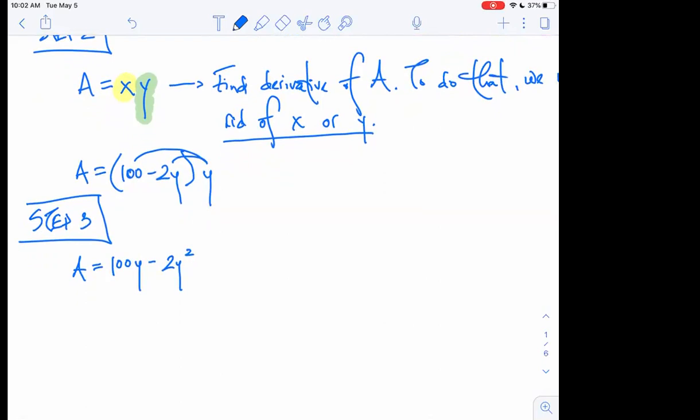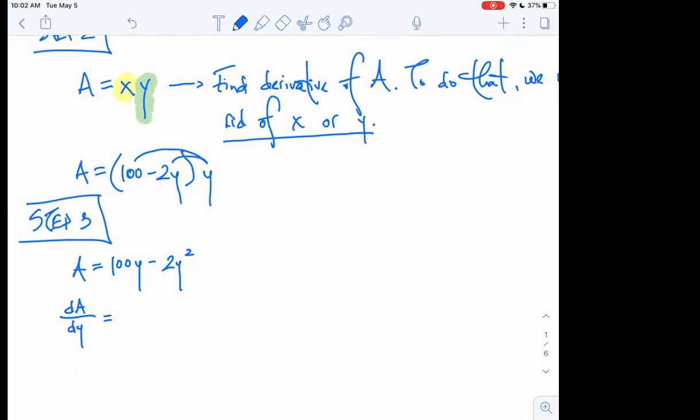Now when I take my derivative, I'm going to get dA over what's going to be on the bottom here? dy. Good, because that's the variable on the other side. Let's take our derivative. What's the derivative of 100y? 100.